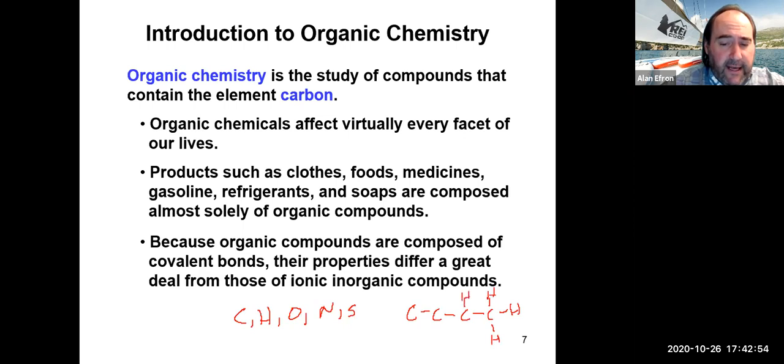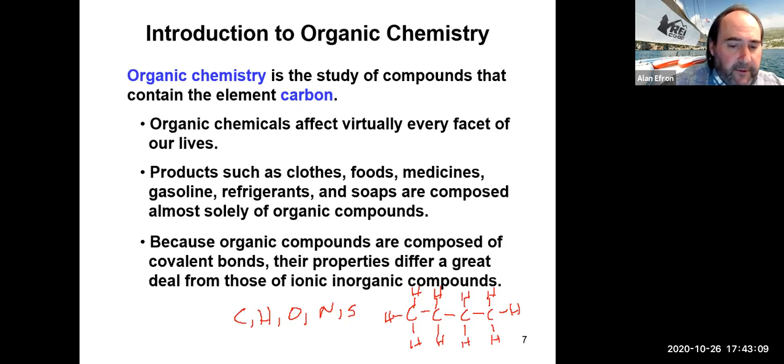And as we go through, sometimes we take off some of those hydrogens and replace them with other elements like oxygen, nitrogen, along the way. And what that gives us is some different organic molecules.